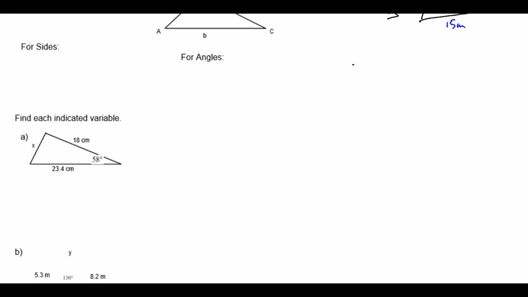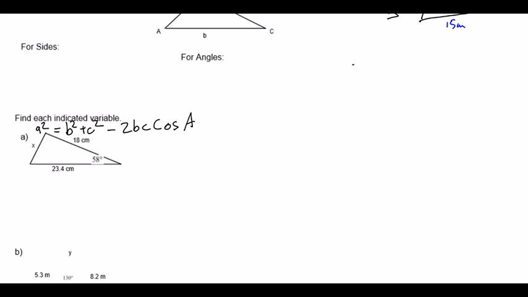For the sides of this triangle that we have here, ABC, here's side A, here's side B, here's side C. This is what a squared is.